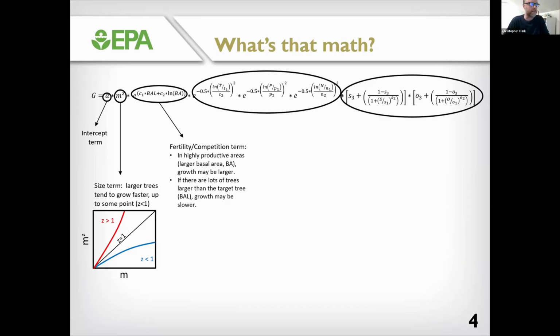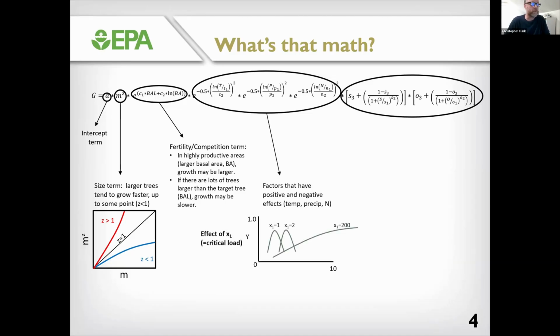I won't go into a lot of detail on these, but it's basically to represent that more fertile environments tend to have higher basal area, or BA. The BAL term represents competition broadly, where if there are a lot of trees that are larger (that's what the L means) than the focal tree, then they may be outcompeted either for light or nutrients.